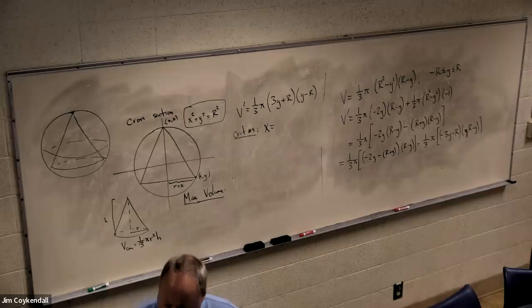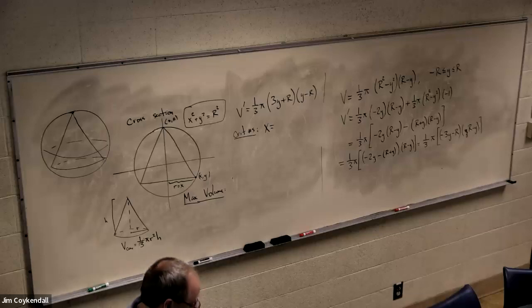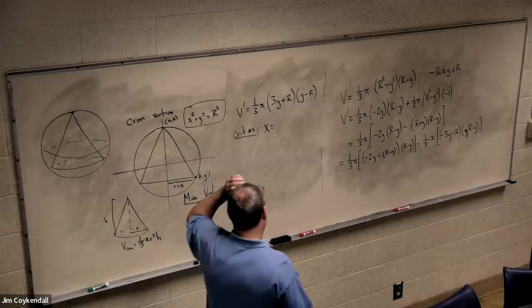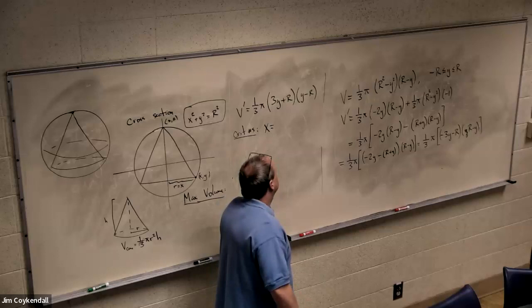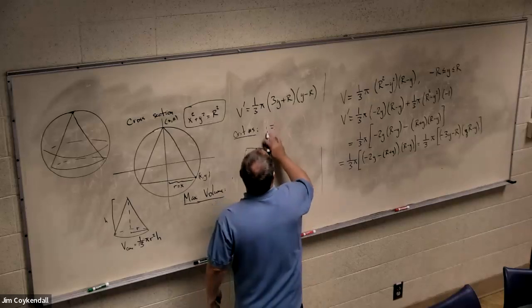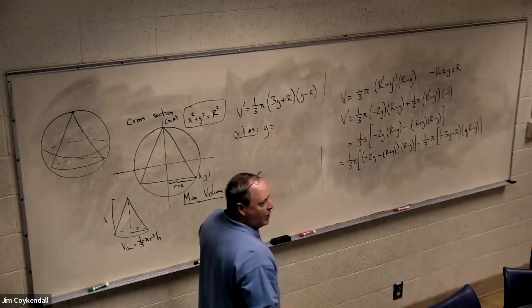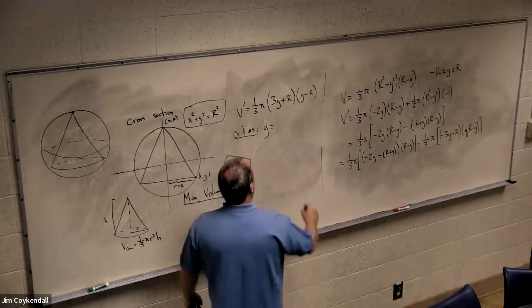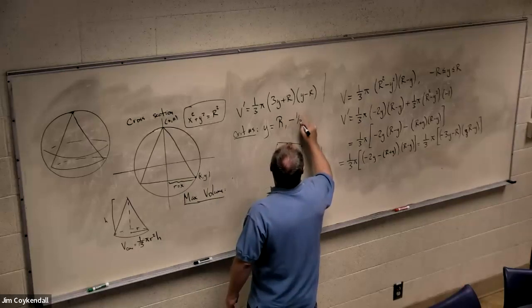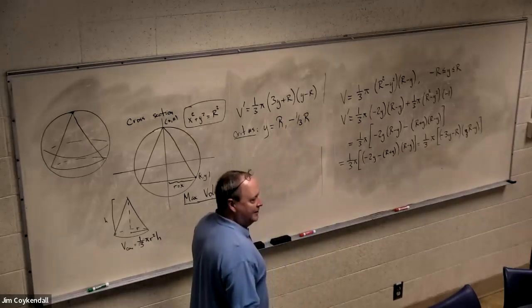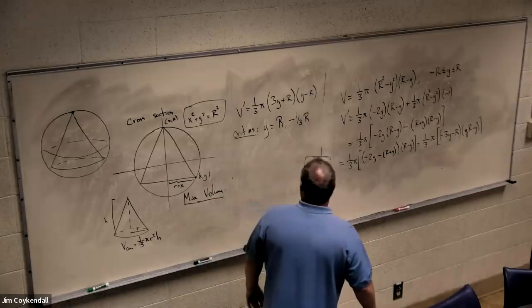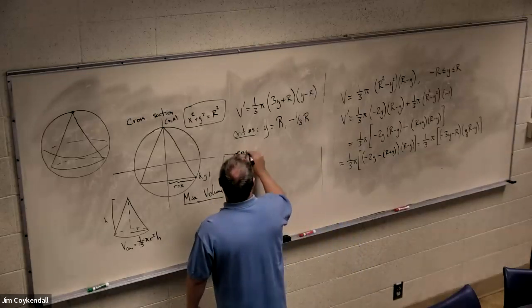Can somebody tell me what they find critical? Not X. Critical numbers: Y equals R, and the endpoints.